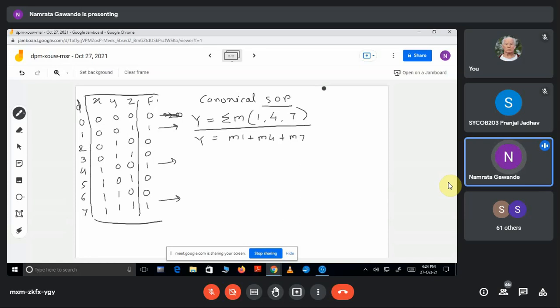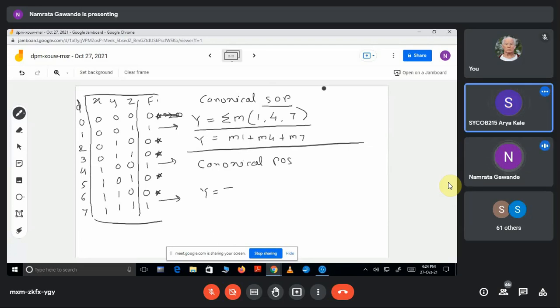Now this is done. Now I want to convert into canonical POS form. Okay, so how to convert into POS? For POS you have to consider zeros, the combinations that are producing 0 as output. So directly you can write now y equal to, which sign is used for POS?